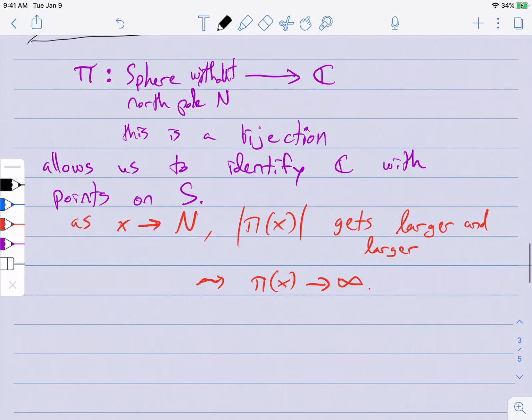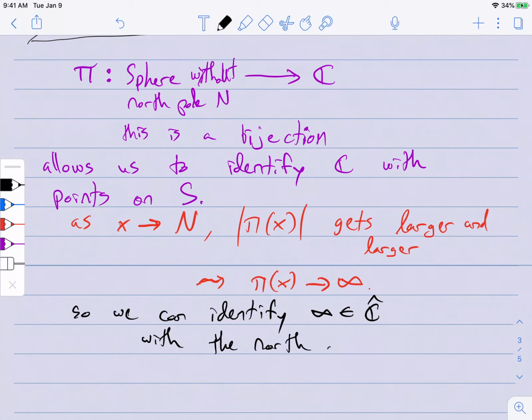So we can identify infinity, this point inside the extended complex plane, with the North Pole on the sphere.